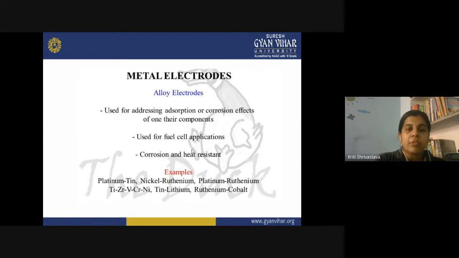They can be used for fuel cell applications, and for electrodes required in corrosion and heat resistant environments. The examples here are platinum, tin, nickel, ruthenium, platinum-ruthenium. These are different metals that can be mixed together to form an alloy to prepare our working electrode.